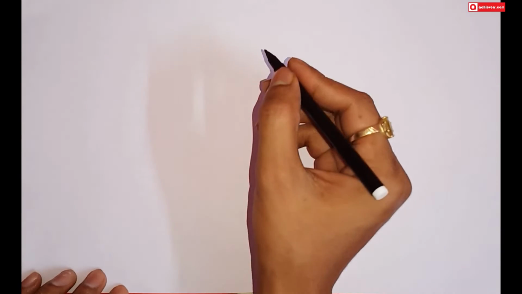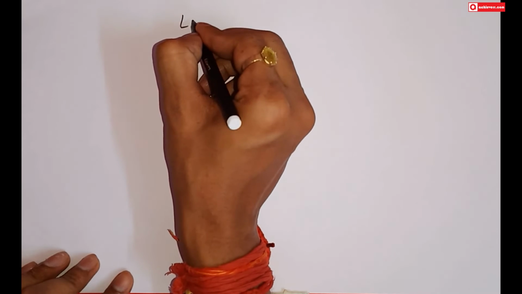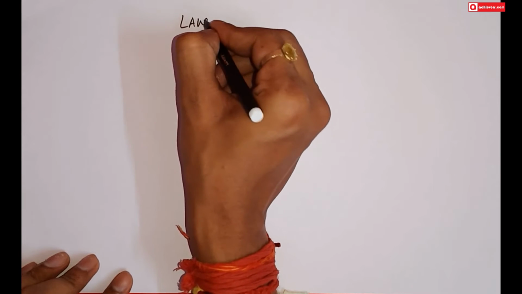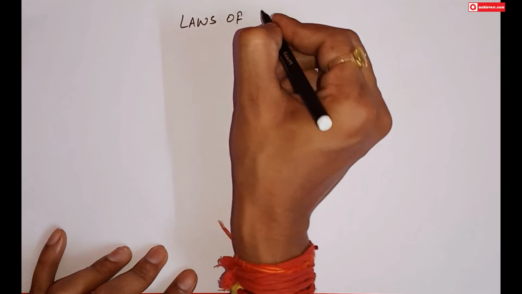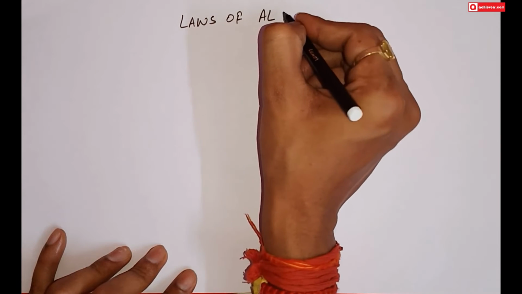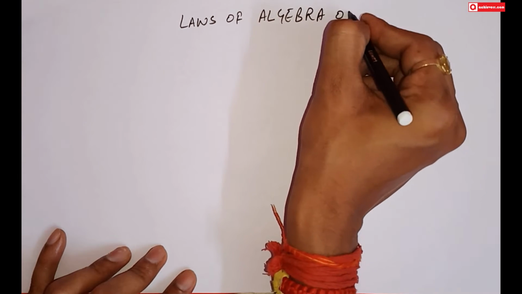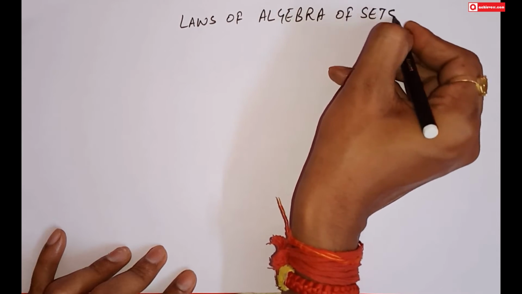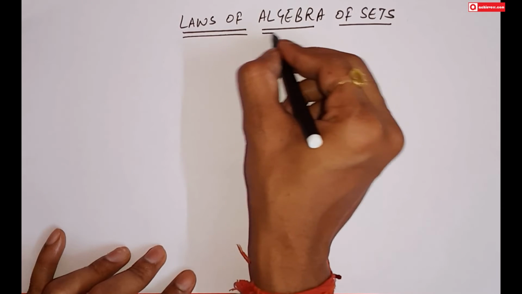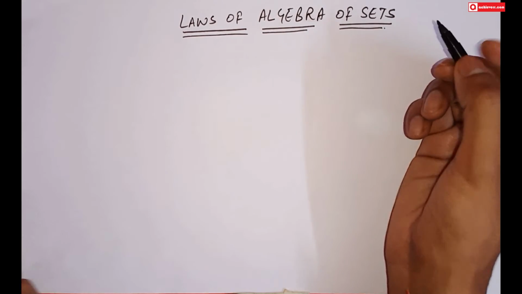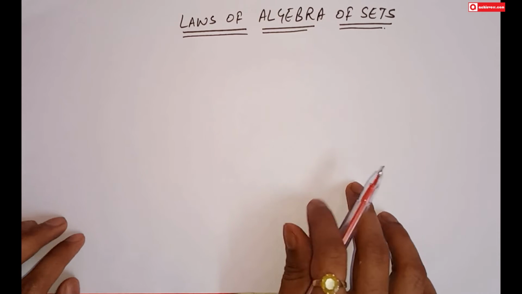So now we have some laws associated with sets. These are called laws of algebra of sets. So the first law is the idempotent law.